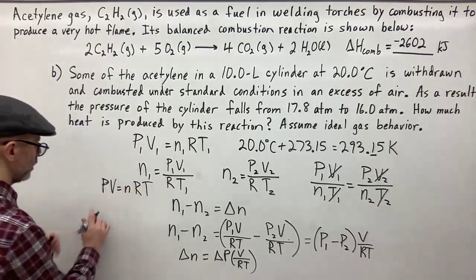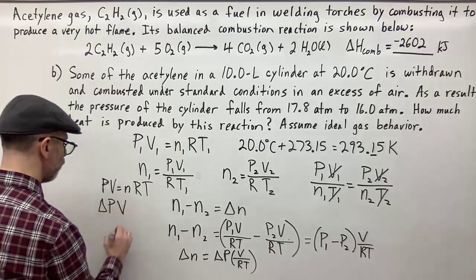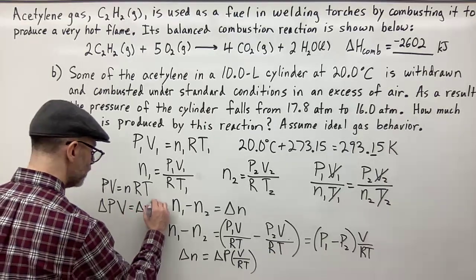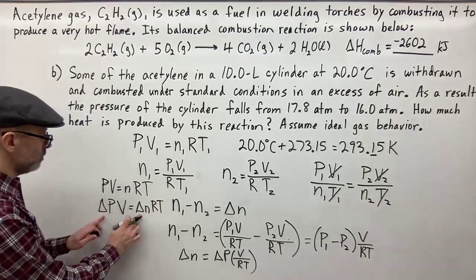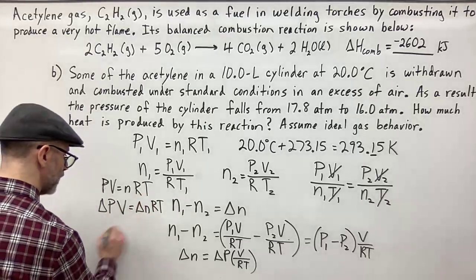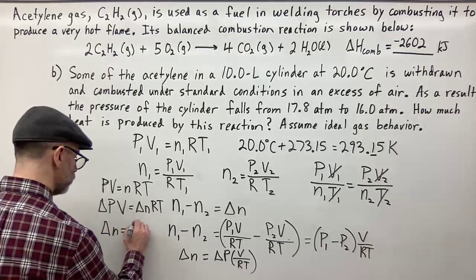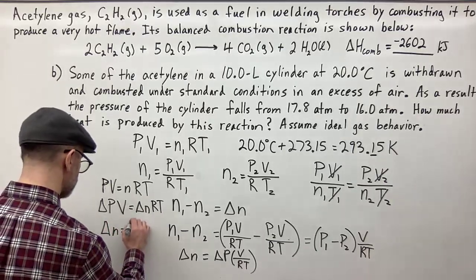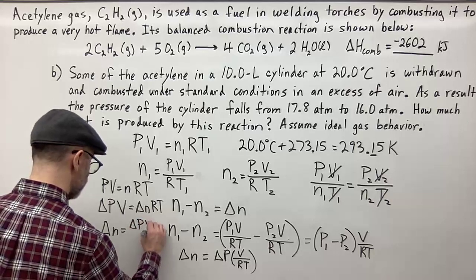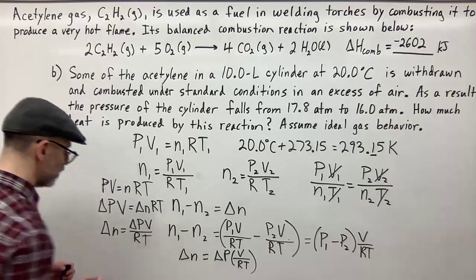Well, I just put in the change in pressure times volume is equal to the change in number of moles times RT. And then I solve for delta N. So delta N ends up being equal to delta P V over RT.